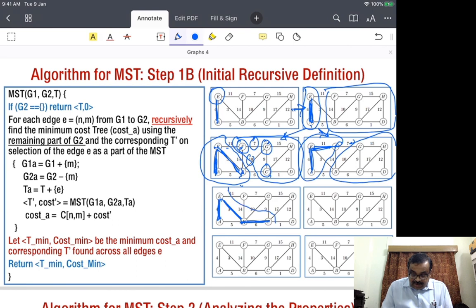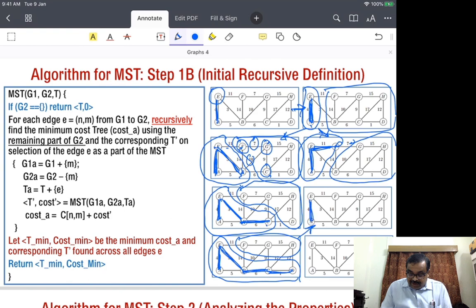Then our G1 will become like this, and G2 will become like this. Similarly, from here we could choose node D, and we would reach something like this, and G2 would remain like this. From here we could go to this node, and from here we could choose node H, and this would remain like this, and G1 would be like this.